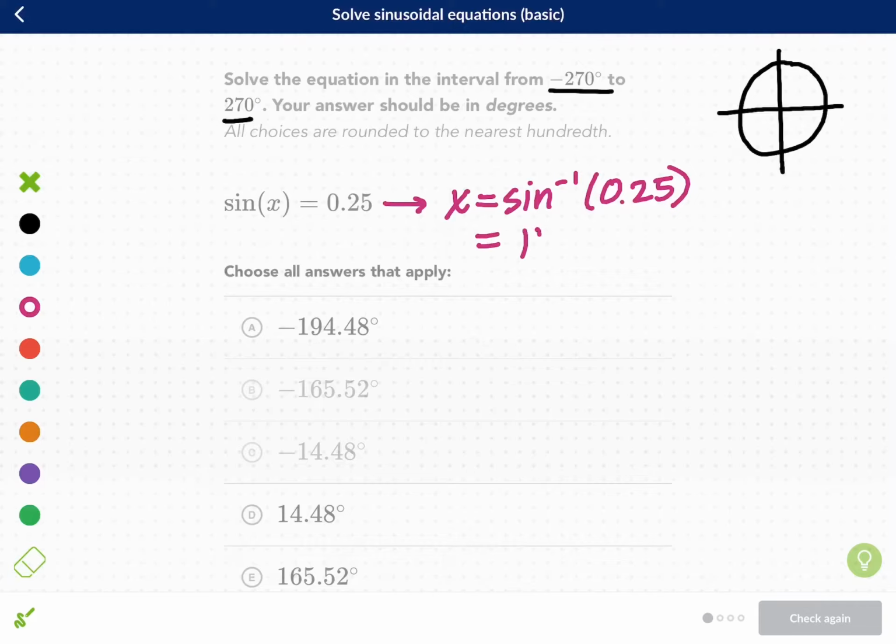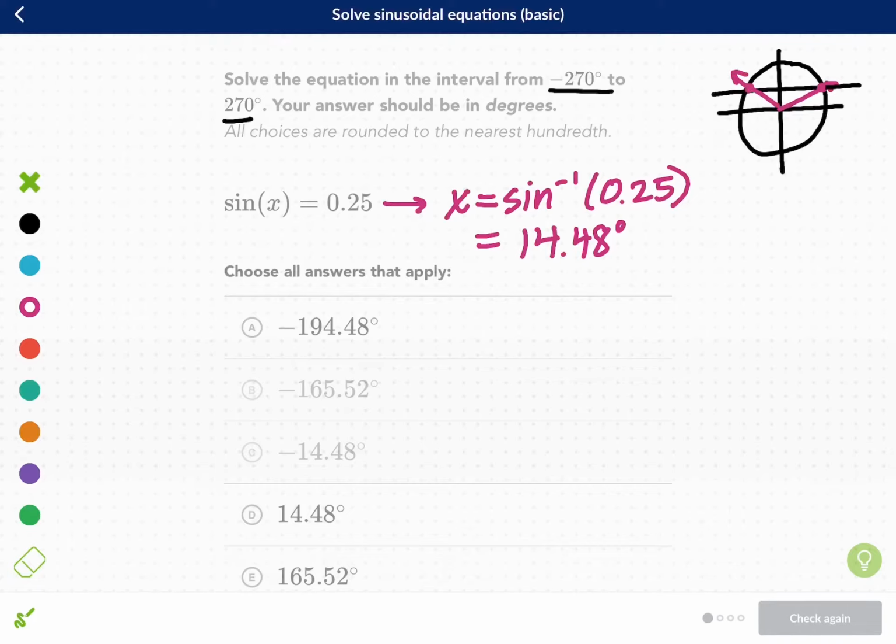And when I'm in degrees, I actually get 14.48, I'm going to round it off, 14.48 degrees. Cool, that's right here. So we have that principal solution. But now I want to think through every possible angle that has that same sine or that same y value.